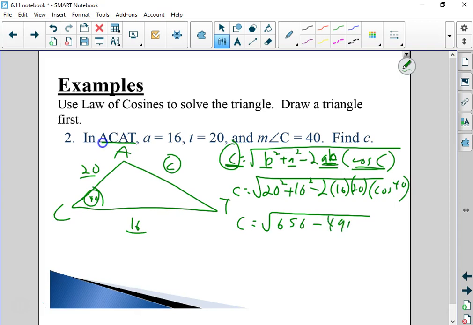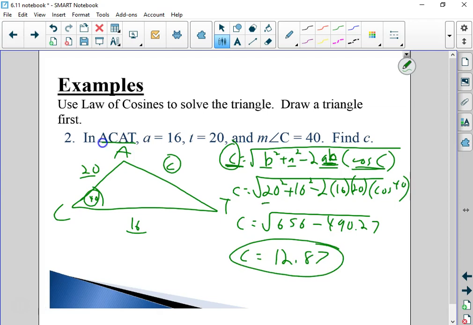That's 490.27, rounded. Now I'm going to take the square root of 656 minus 490.27, and C is 12.87.